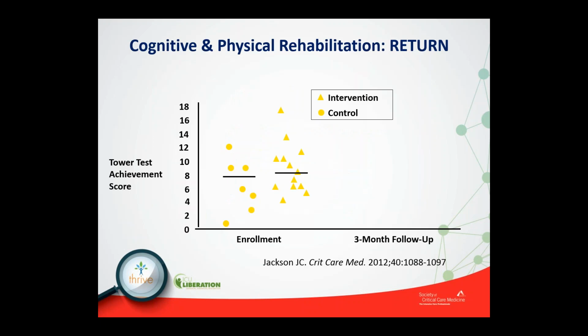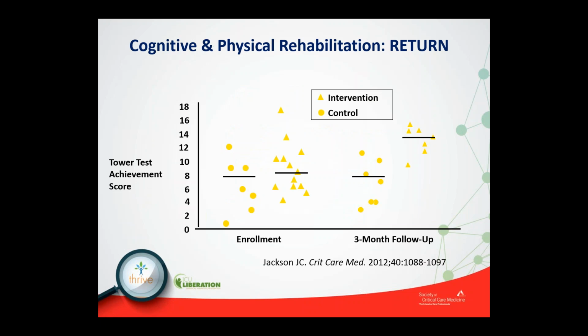This is a slide from a study of ours that we did some years ago called Return, and essentially what you're seeing here is that patients were given a test called the Tower test, a complex measure of planning. They were given the test before and after the actual intervention, the cognitive rehab intervention, GMT.